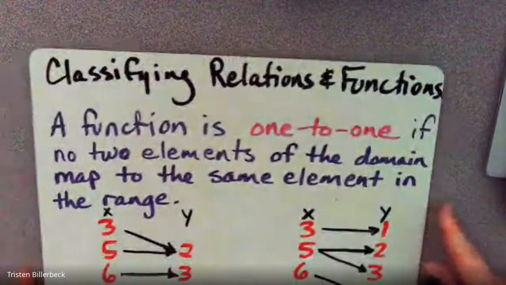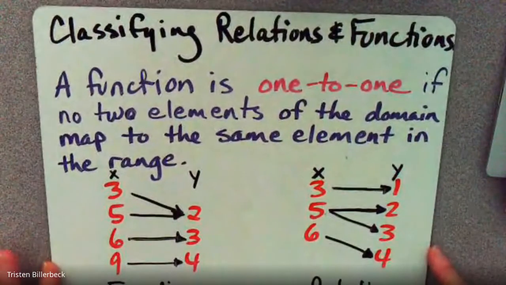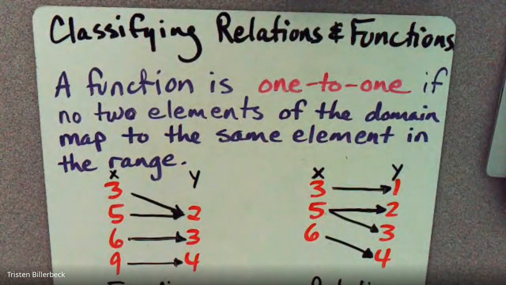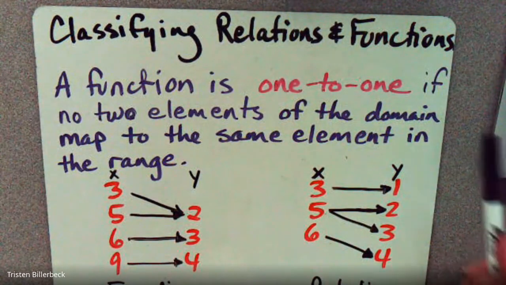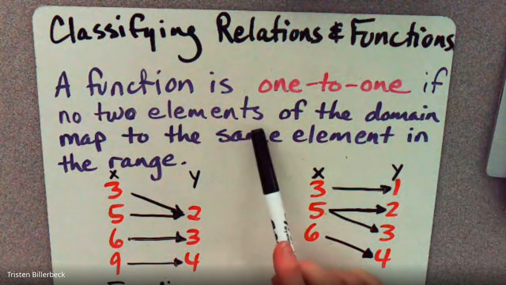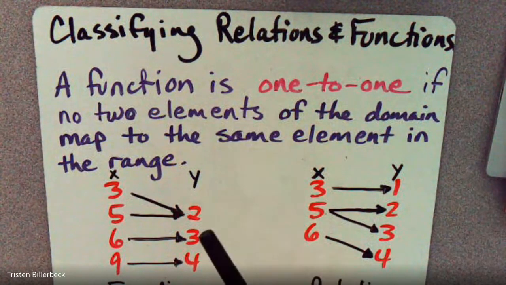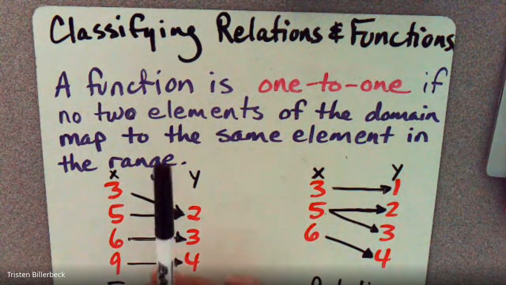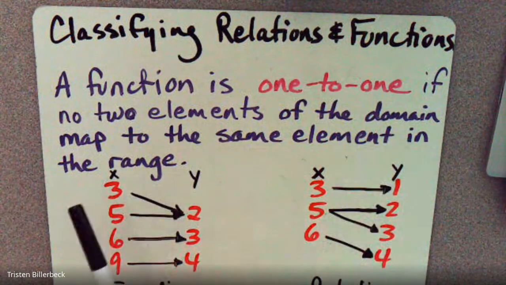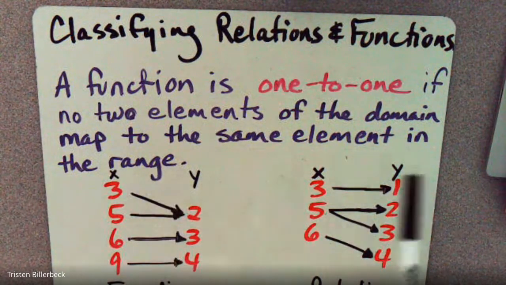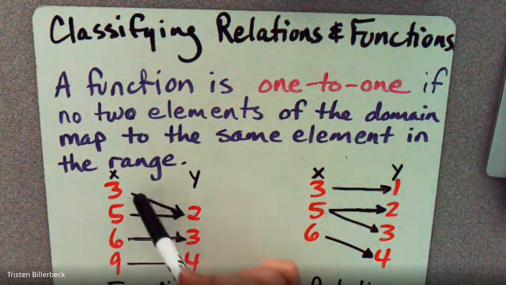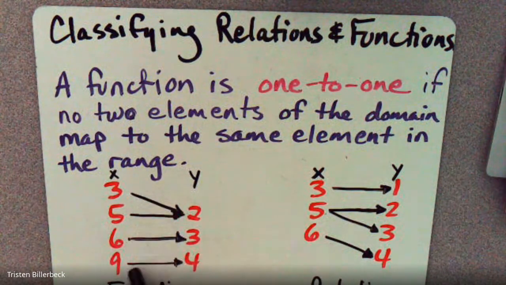All right, so let's look at another way to look at functions. If we're classifying relations and functions, a function is one-to-one if no two elements, remember elements are little parts of a set, no two elements of the domain map to the same element in the range. So this is called mapping.